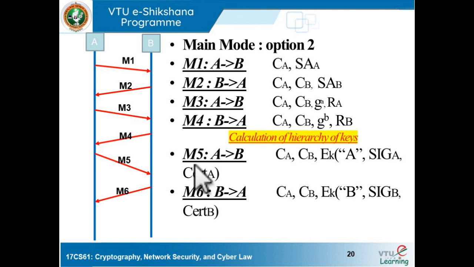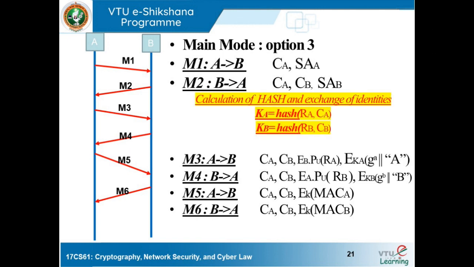Now having received this message, what does the responder do? The responder B will generate a reply and respond back to A. In response, it will send the signature and its certificate along with its identity in an encrypted form. This is what happens in phase 1 of option 2, wherein we are using a private signature key in order to perform the secure communication.